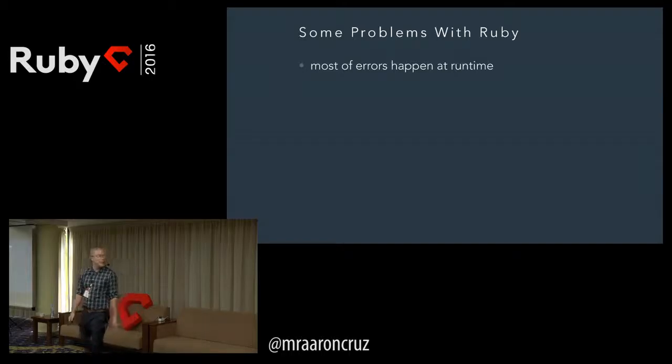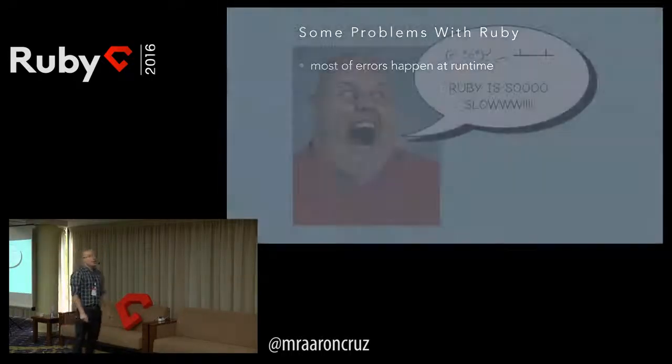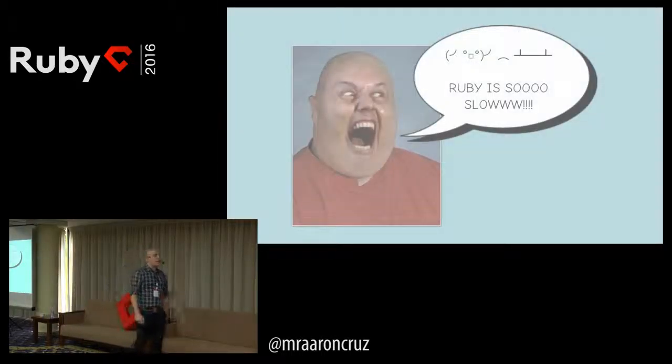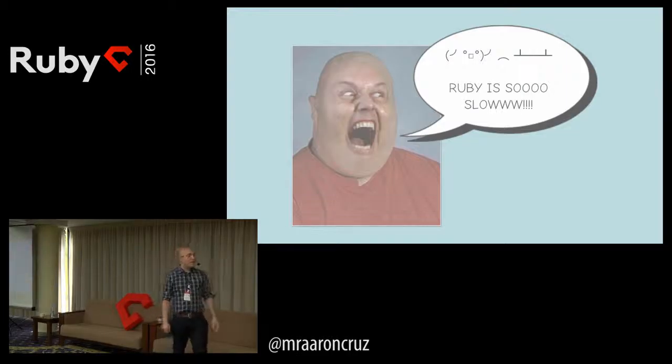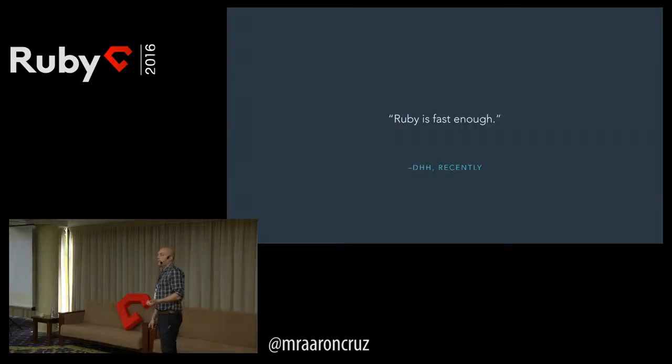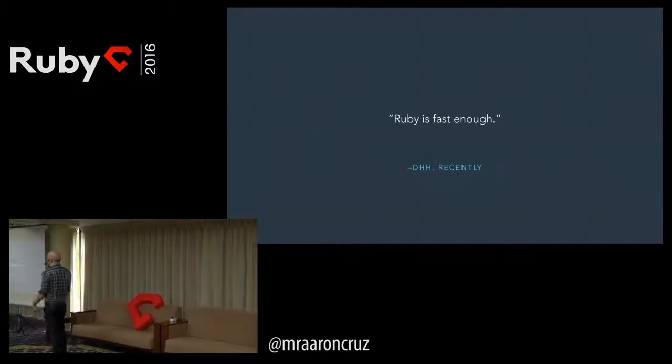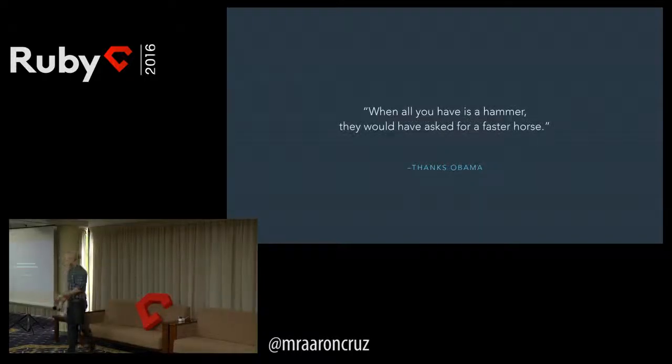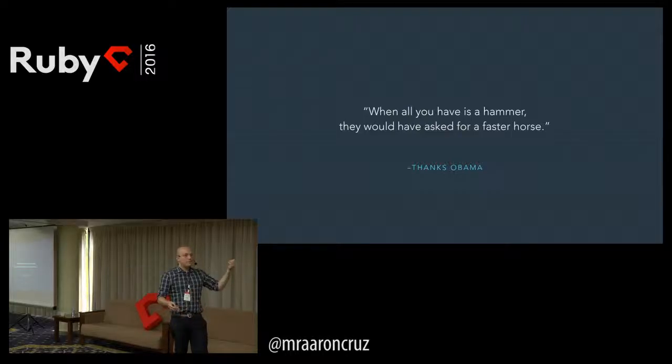Ruby is slow is what everyone yells. But as we just read in a recent article by DHH, it isn't too slow. This is one of those questions of using the right tool for the job. If you need something really fast, you can reach for Go or Crystal.